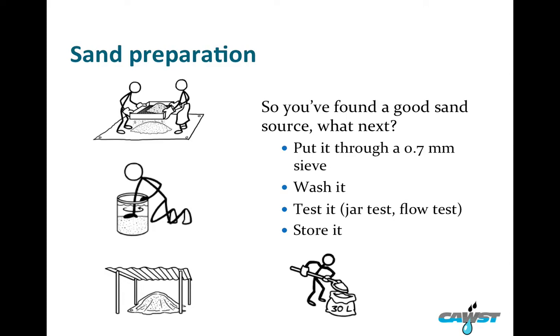Pour the water down a drain or into a settling tank. If you're using a settling tank, then you can reuse the water once the dirt has settled down to the bottom. And because sand preparation takes a huge amount of water, this is a really good idea. Now you repeat this several times, counting how many times you wash the sand.